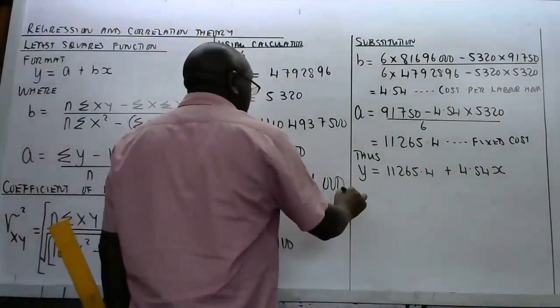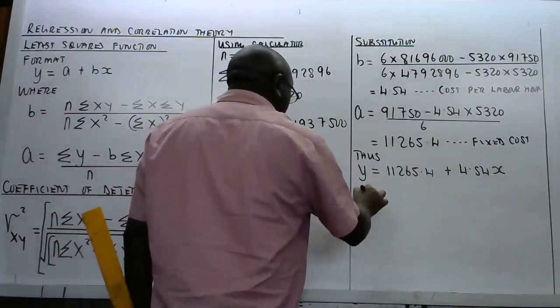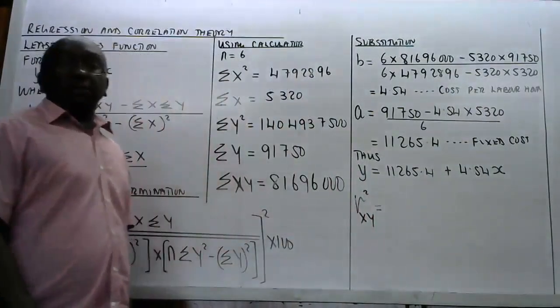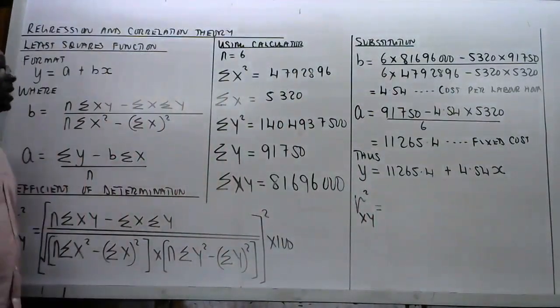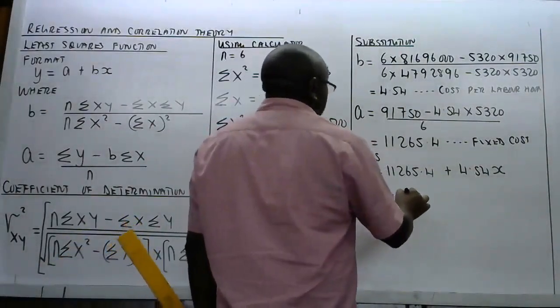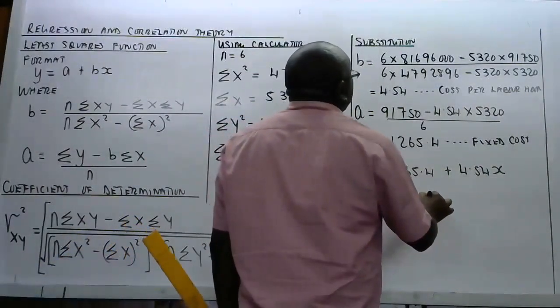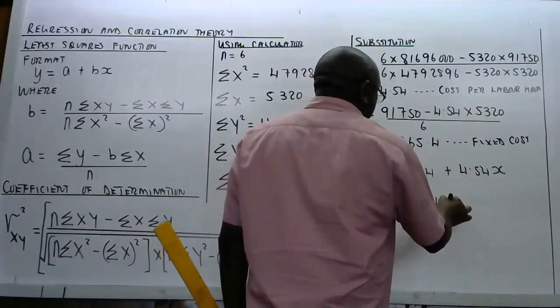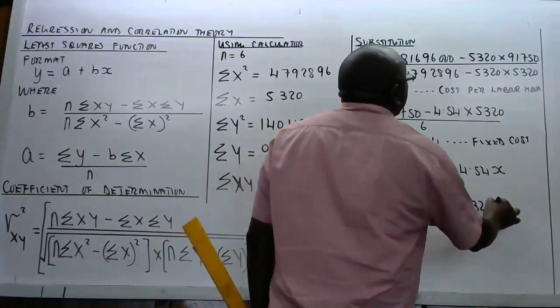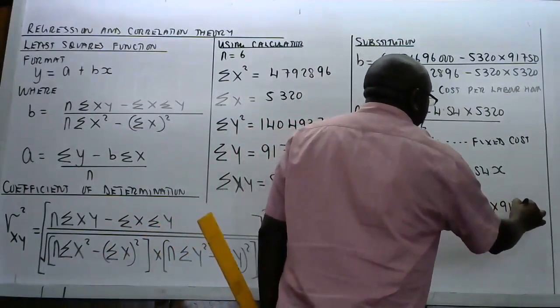So now, R square between x and y, we now substitute so that we have 6 times 816,96,000 minus 5320 times 91,750.